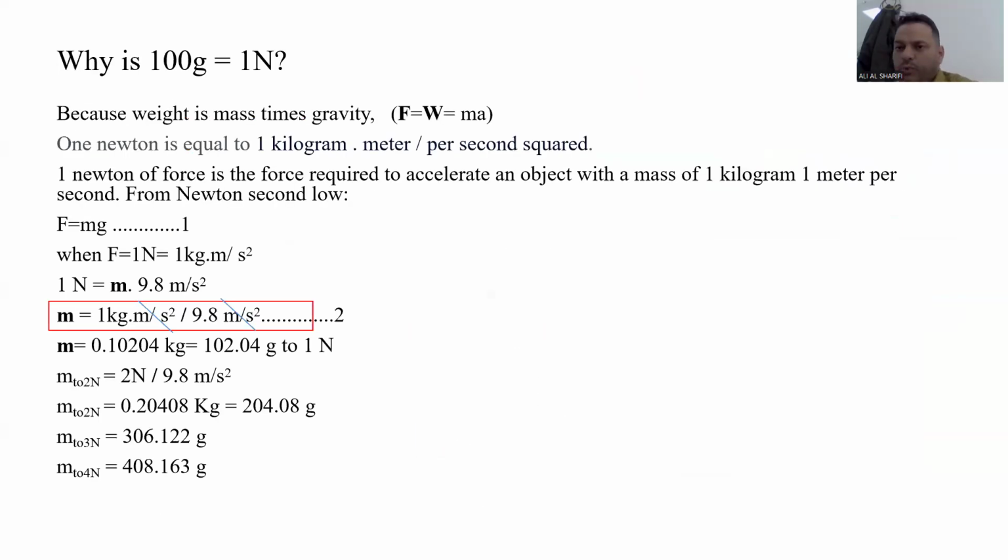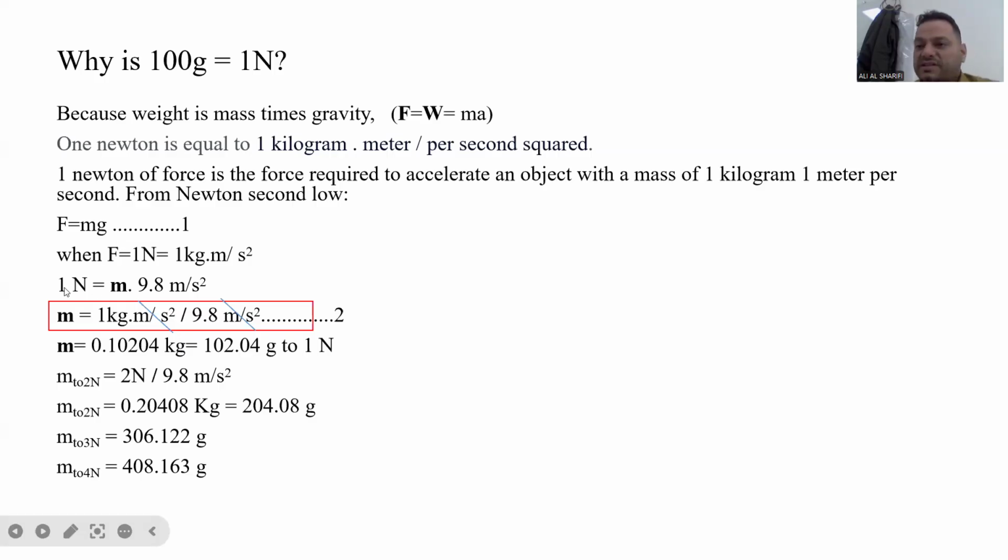We will work with masses of 100, 200, reaching 700 grams. How can we convert this mass to force or weight in newton units? From this formula, F equals mg, mass multiplied by gravitational acceleration.